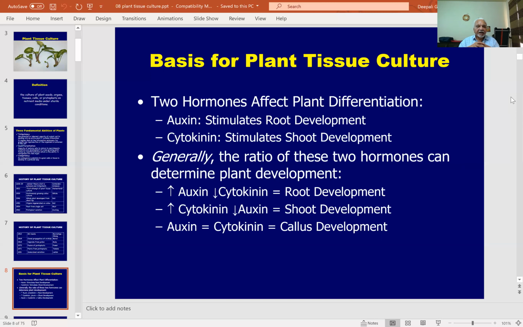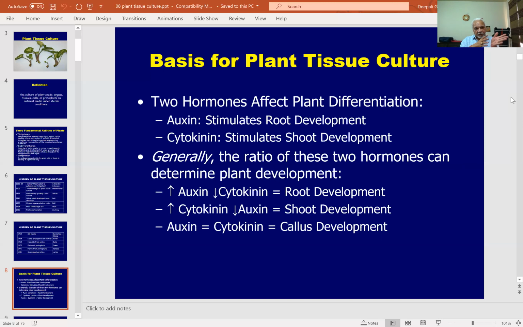When this role of hormones was realized, it was found that these two hormones are responsible for cellular differentiation, even in the normal plant growth and development cycle.